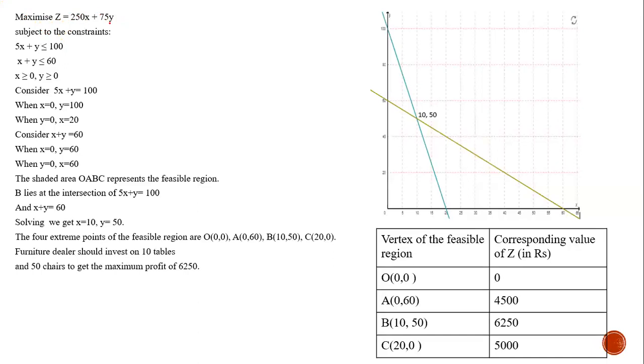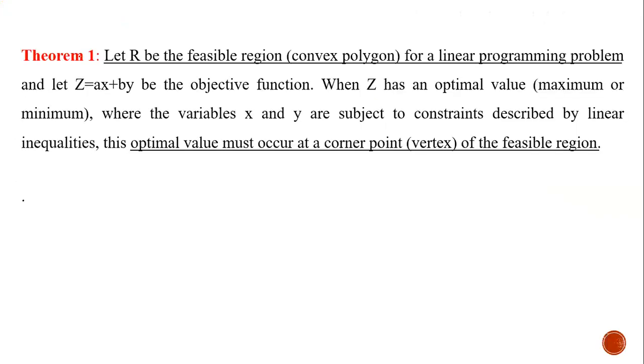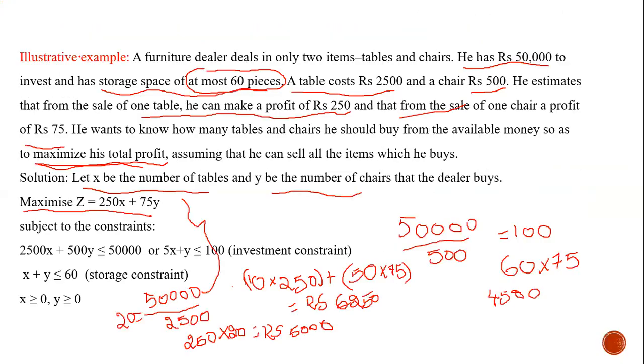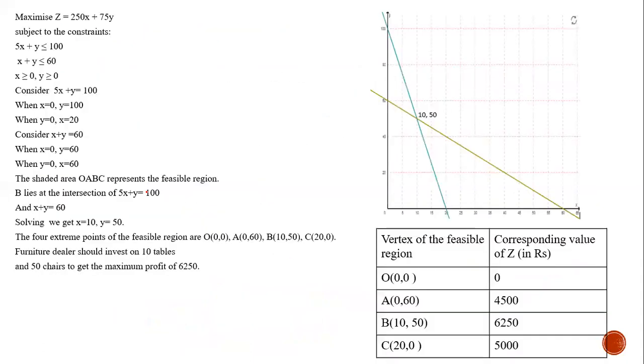This is the objective function, and the constraints are, we have simplified here, 2500 into x plus 500 into y less than or equal to 50,000. This can be simplified as 5x plus y less than or equal to 100, so that it is easier for us to solve the problem.